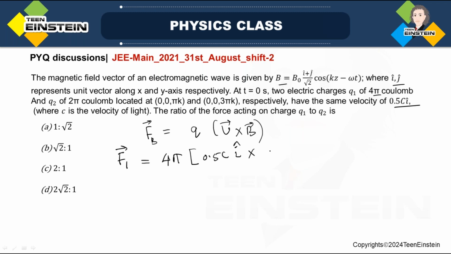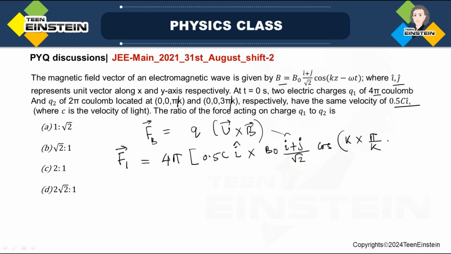cross B, which is B0 (i plus j cap) by square root of 2 cos of kz. I'll write the coordinate of the charge Q1 in place of z. So k into z is pi by k, and this is 3 pi by k. Coordinate pi by k.